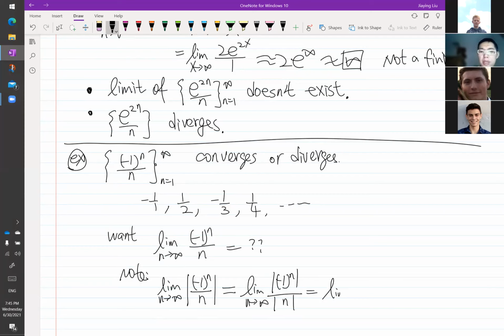So that's equal to the limit as n goes to infinity with n in the denominator. The numerator becomes just 1, right? Whether it's +1 or -1, if you take the absolute value, it's just 1.